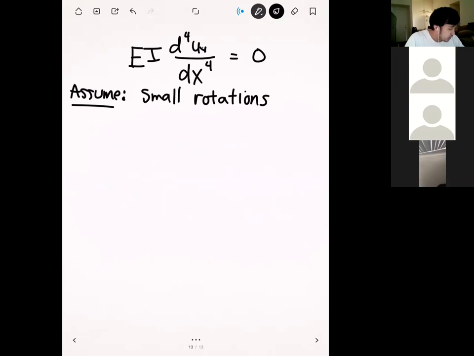So theta_i, which is the rotation at node i, is equal to d u_y i over dx. And so our rotations are nothing more than the derivative of the transverse displacement with respect to x.